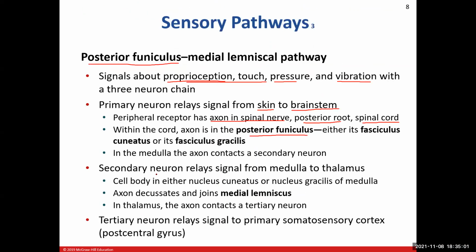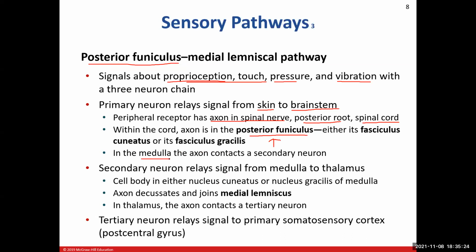So like I said, that axon enters into the posterior funiculus, and it will specifically go either into the Fasciculus cuneatus or the Fasciculus gracilis, depending on what part of the body it's coming from. And it ascends up the spinal cord into the medulla oblongata.